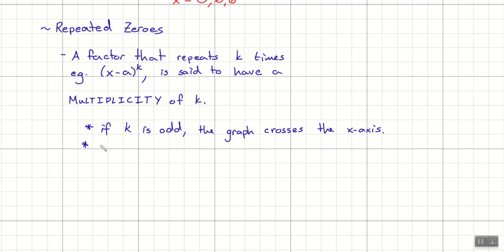If k is even, the graph touches the x-axis and turns around. If you guys want to write bounces, I'm fine with that. It touches and turns around.